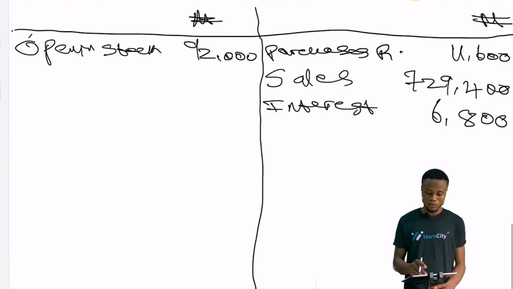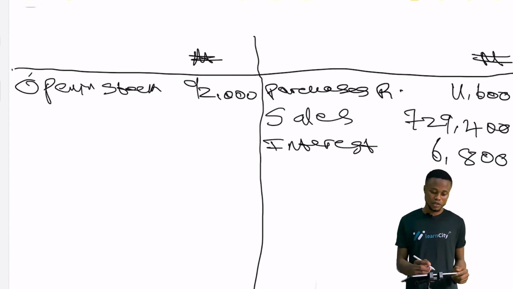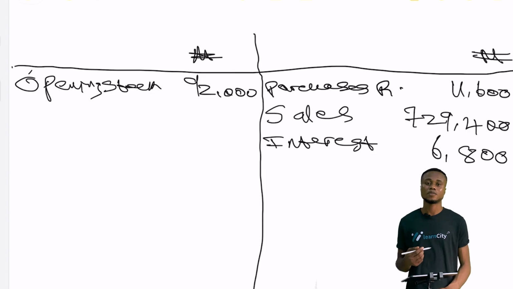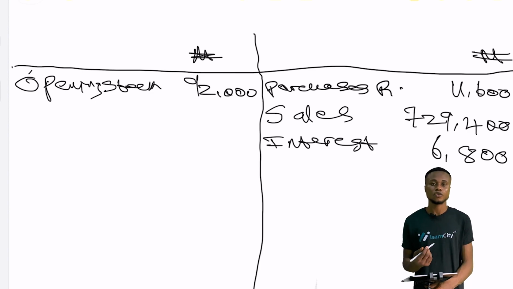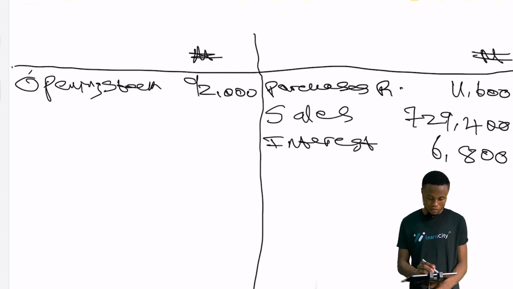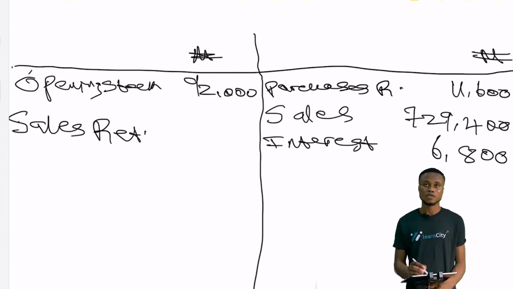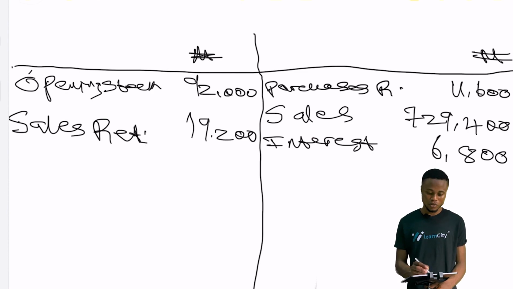So let me now go back to the debit side and list all the items under it. After writing the opening stock, the next item under our debit side is sales return, which is 19,200. And after sales return, pardon me for shortening this, let me write it. Sales return. So the next thing is purchases.